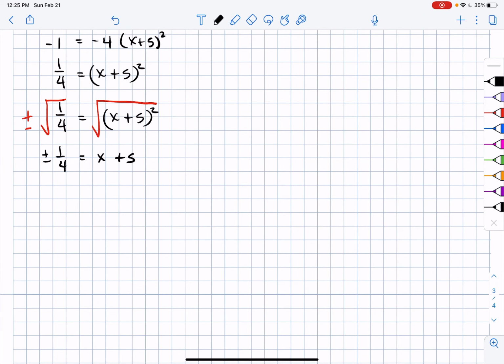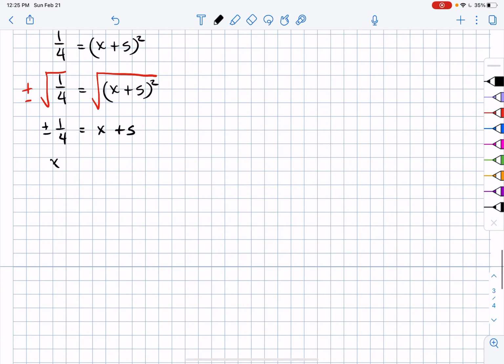Then I've got to subtract the 5. So x is going to equal negative 5 plus or minus the square root of 1/4. That's going to give me two answers: negative 5 plus the square root of 1/4 and negative 5 minus the square root of 1/4. Either way, I need a common denominator. Okay, so let me go ahead and duplicate this again.